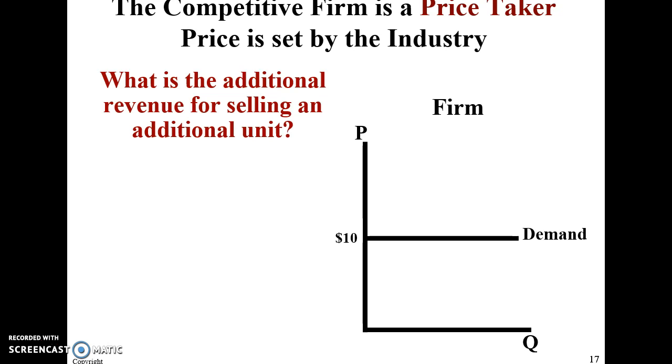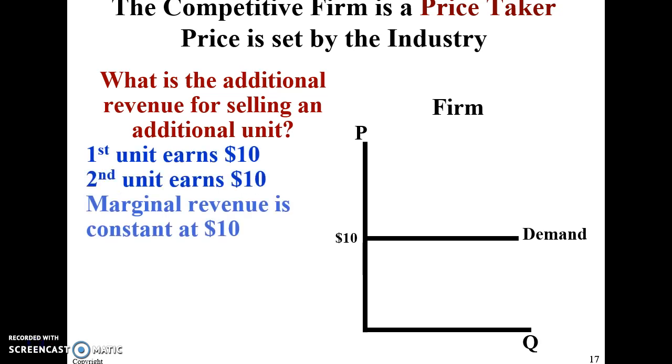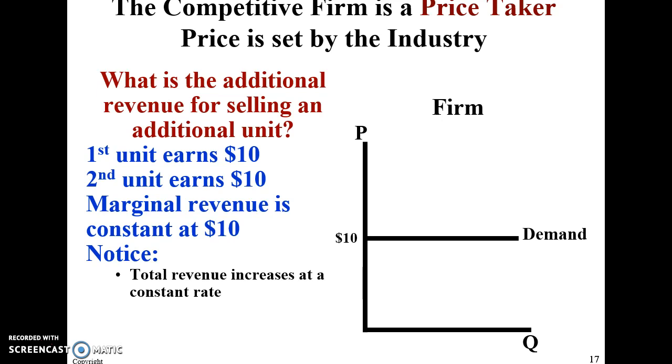And it's constant for a perfectly competitive firm, because each additional unit that you sell, you can get $10 in this case. The first unit earns 10, the second unit earns 10, and so the marginal revenue is constant at 10. So total revenue is increasing at a constant rate here. And also, marginal revenue is equal to average revenue.